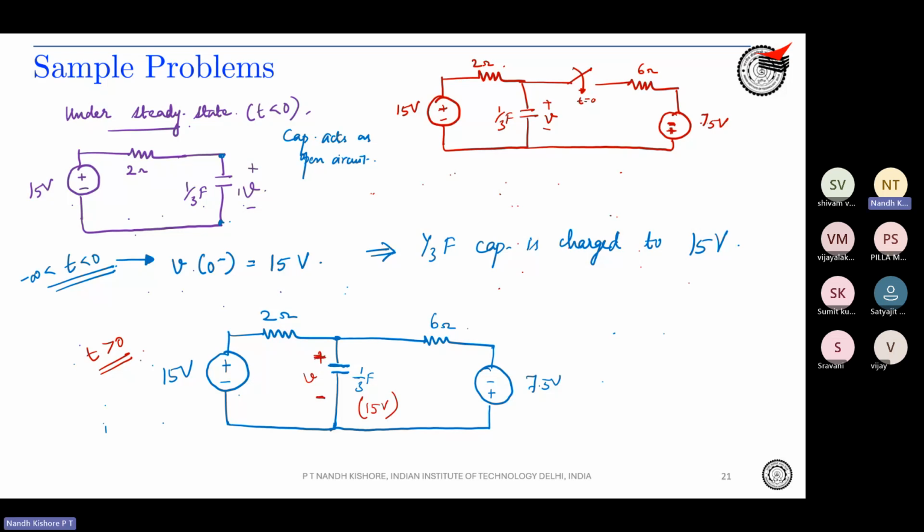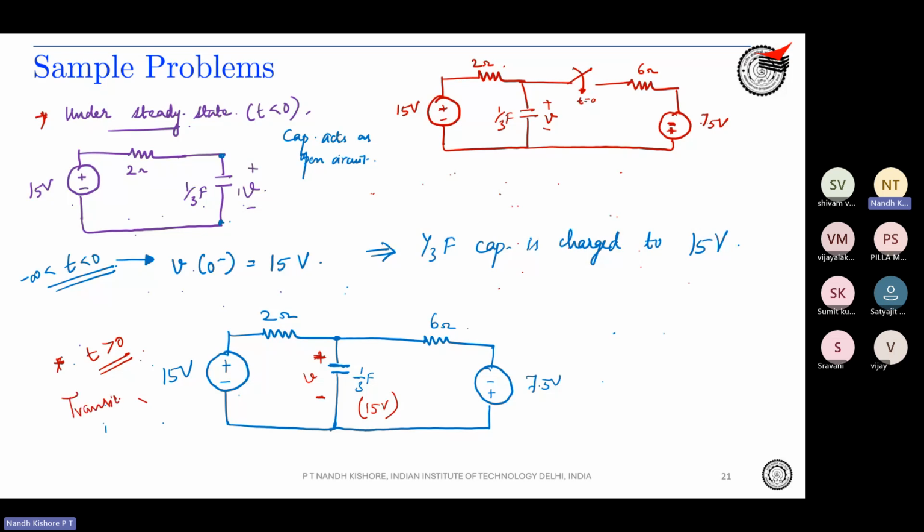You understand this, right? Under steady state, we saw what was the voltage across the capacitor. Then after we close the switch, this is one case. Now the next extreme is that I have closed the switch for a very long time. Again, it has reached steady state at t equal to infinity. First is t less than 0. Then just after I close the switch, this is the transient period.